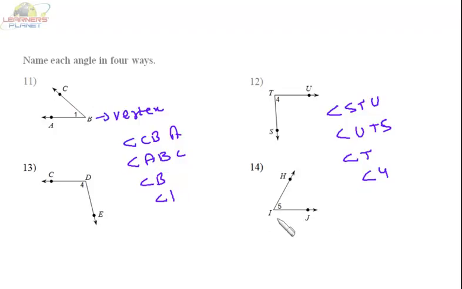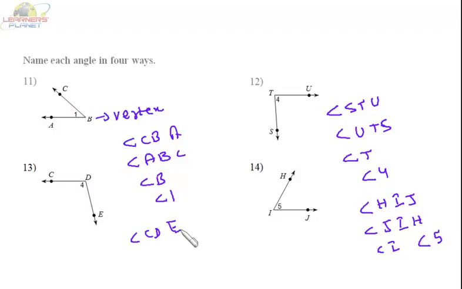It is angle HIJ or JIH, angle I, or angle 5. Similarly over here it's angle CDE, angle EDC, angle 4, or angle D. I hope it is clear to you.